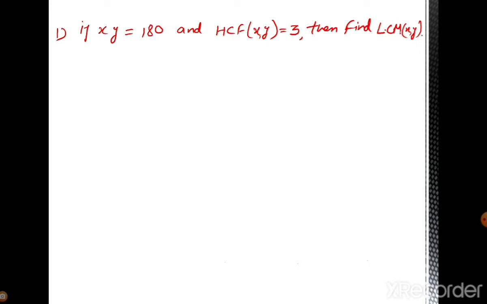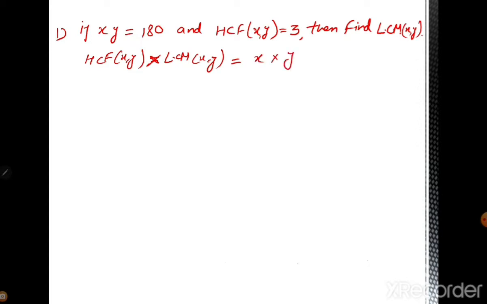We'll write the formula here. We know that HCF of x and y into LCM of x and y is equal to the product of two numbers, that is x into y.